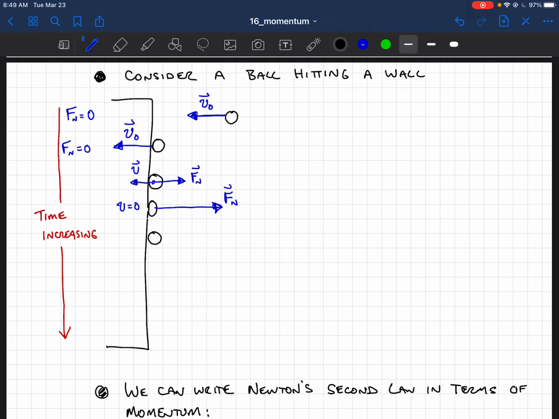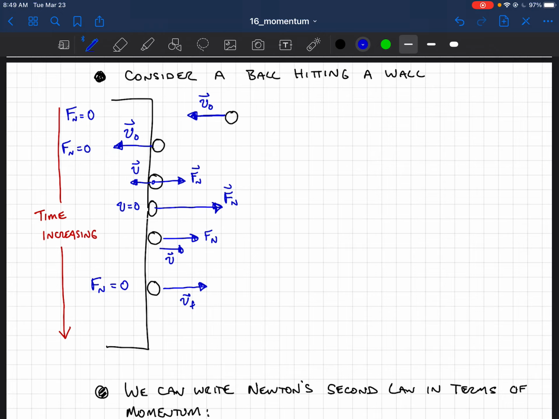Now maybe there's still a large normal force on it, and at this moment the ball is starting to turn around like this. And then as it leaves, it's going to have some, maybe we could call it the final velocity. And at this moment again, now that it's left the wall, the normal force has gone to 0 again.